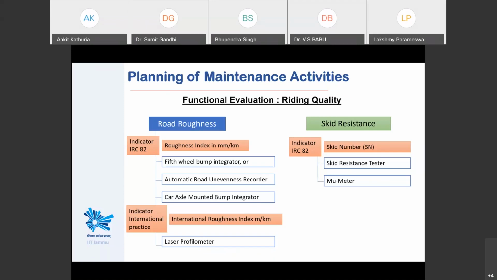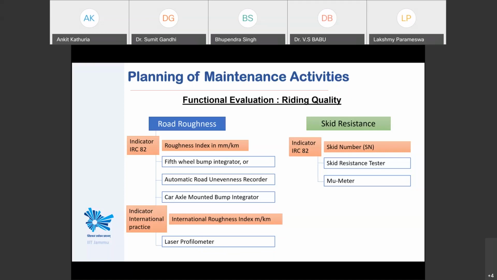The Roughness Index is usually estimated using the fifth wheel bump integrator, or the other name, Automatic Road Unevenness Recorder. Apart from the fifth wheel bump integrator, the car axle mounted bump integrator is also used. How the roughness index is estimated will be shown in the subsequent slide, and a very brief explanation of how IRI is estimated will be given in the later slides.